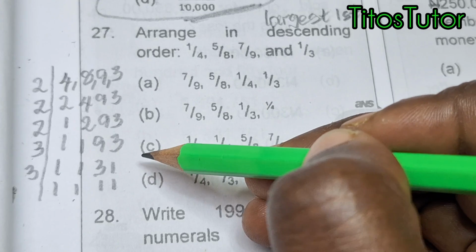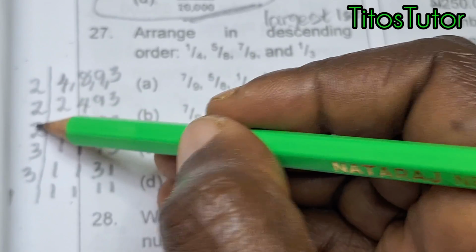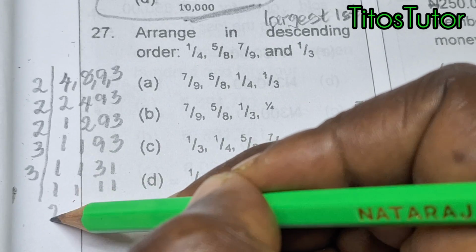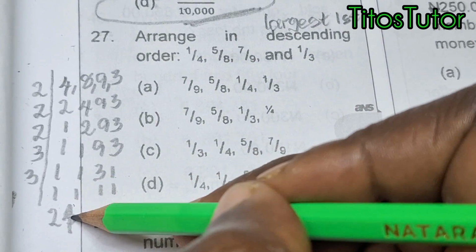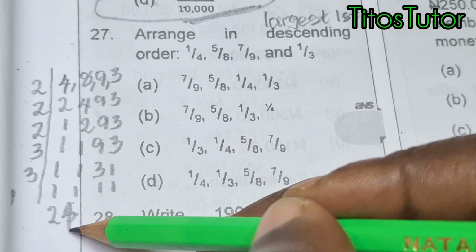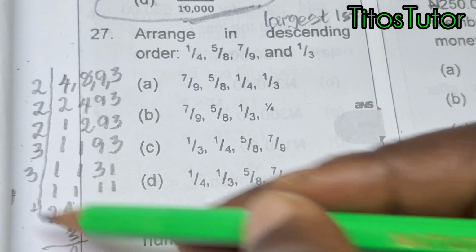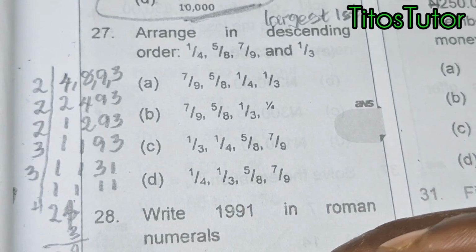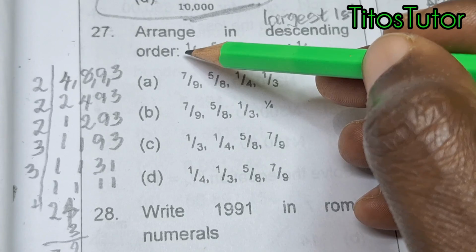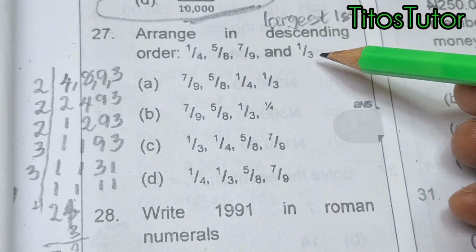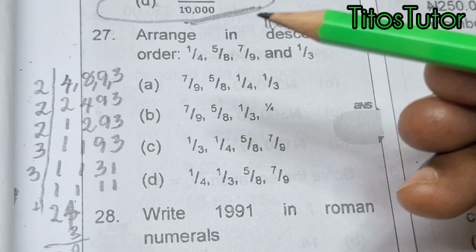And I am done. So all I need to do is multiply this. 2 times 2 is 4. 4 times 2 is 8. 8 times 3 is 24. Then 24 times 3 is 72. So my LCM is 72. So I need to change all of the denominators to 72 so I can find which one is bigger.